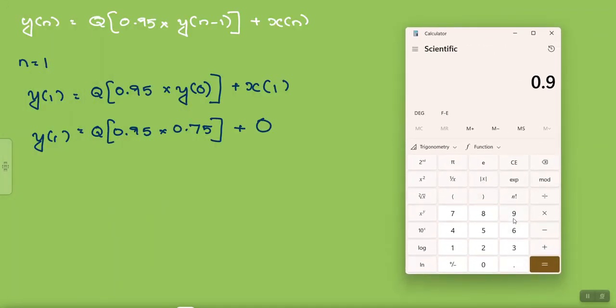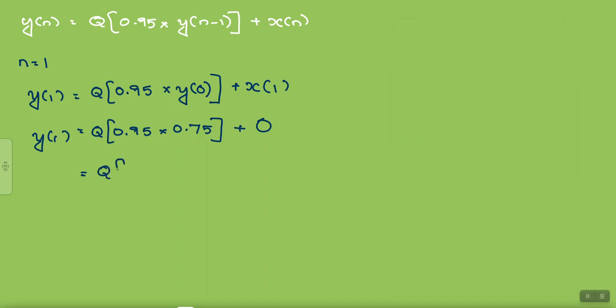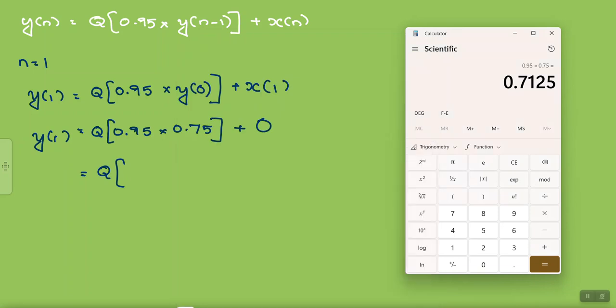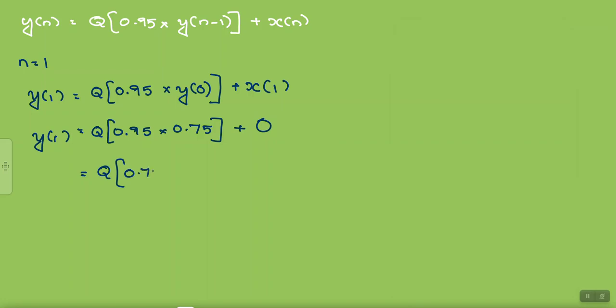0.95 into 0.75, that is equal to quantization of 0.7125.